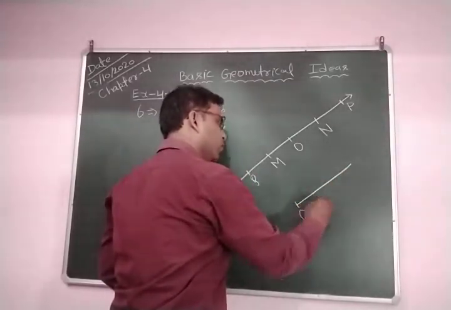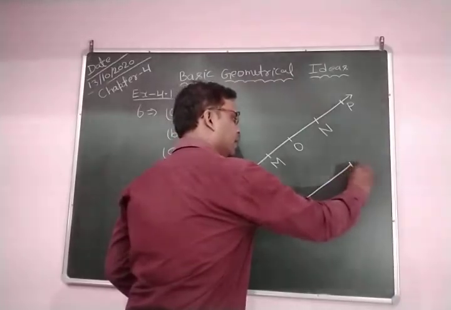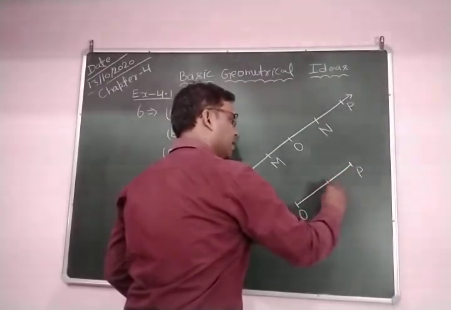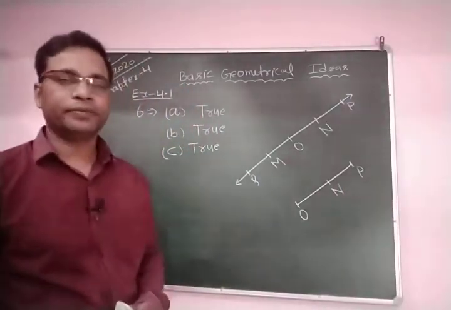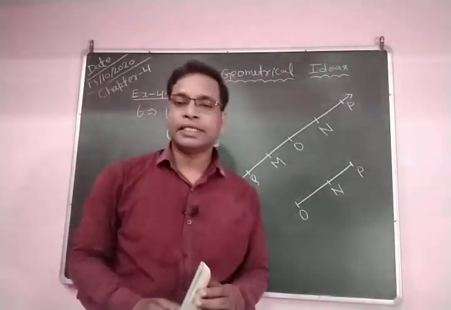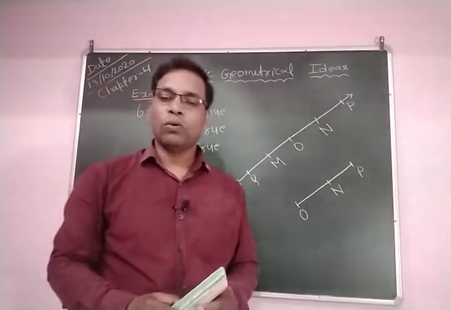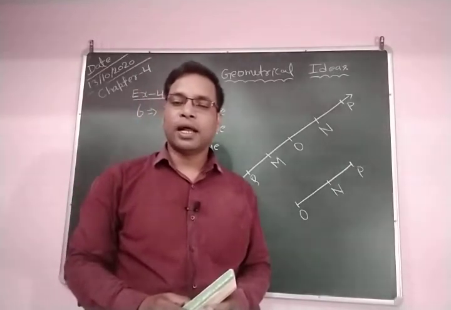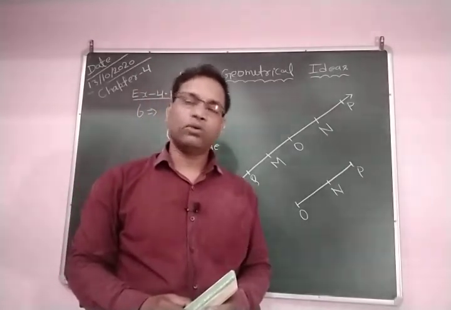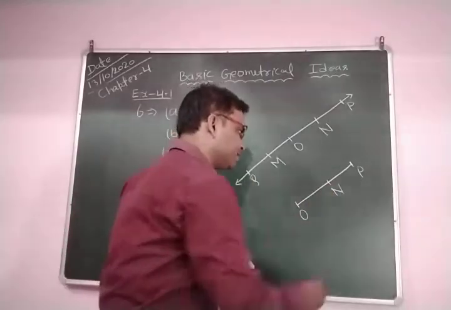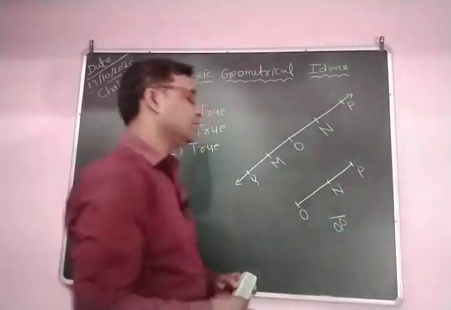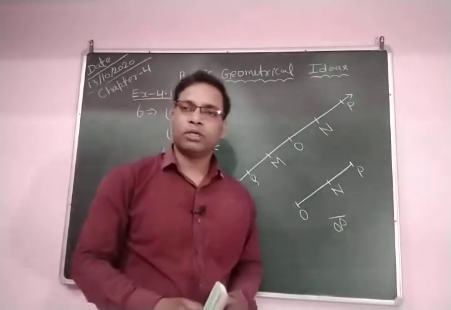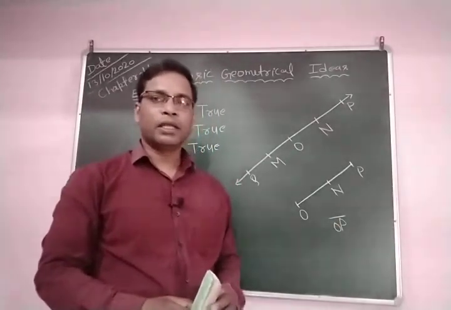Here this is point O, this is point P, and anywhere point N is on line segment OP. The statement given here is that O and N are the end points of line segment OP.